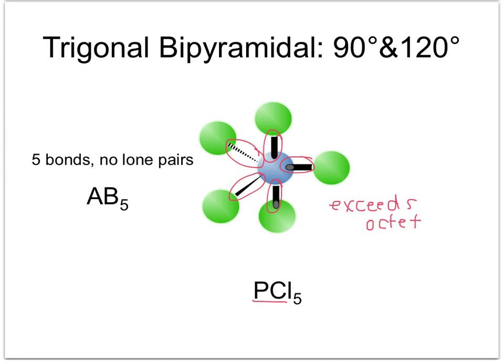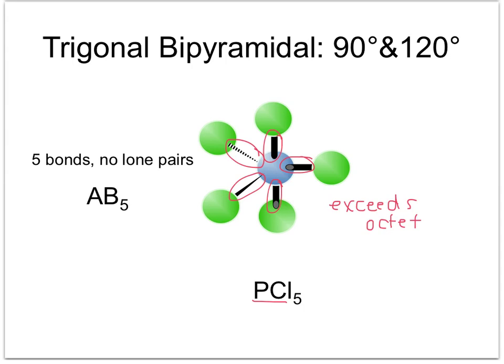Any nonmetal in period 3 or higher can have more than 4 bonding pairs. It can have 10, 12, 14, or so forth, because it has that D sublevel available to house the electrons. So the trigonal bipyramidal shape is the first one we see that is breaking that rule that we were holding true with in the previous shapes.